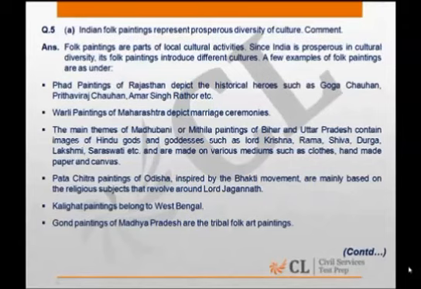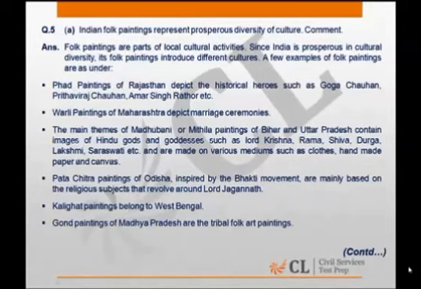Then it comes to question number 5, part B. Taj Mahal reflects all the architectural features that were developed during the Mughal period. This question is slightly analytical because you have to compare the architecture of Taj Mahal to the different architectural techniques and art of the Mughals, starting from Babur, Humayun and Akbar.